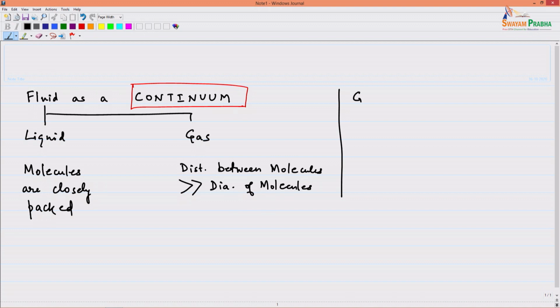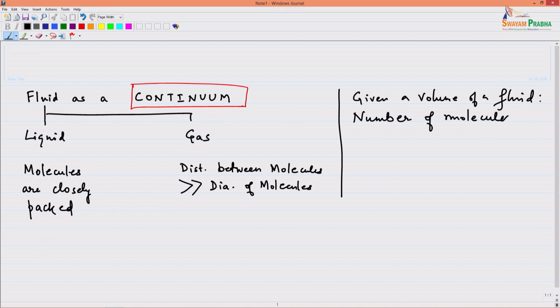Given any volume of a fluid, the number of molecules in it is constantly changing. Let me write that there. Given a volume of a fluid, the number of molecules is constantly changing.